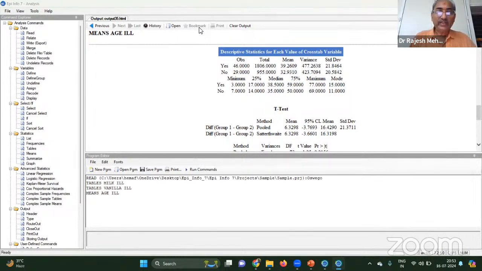You tell me in this group, write down in chat: is the difference of around 7 years between sick and healthy significant? Give the answer yes or no, quickly write.